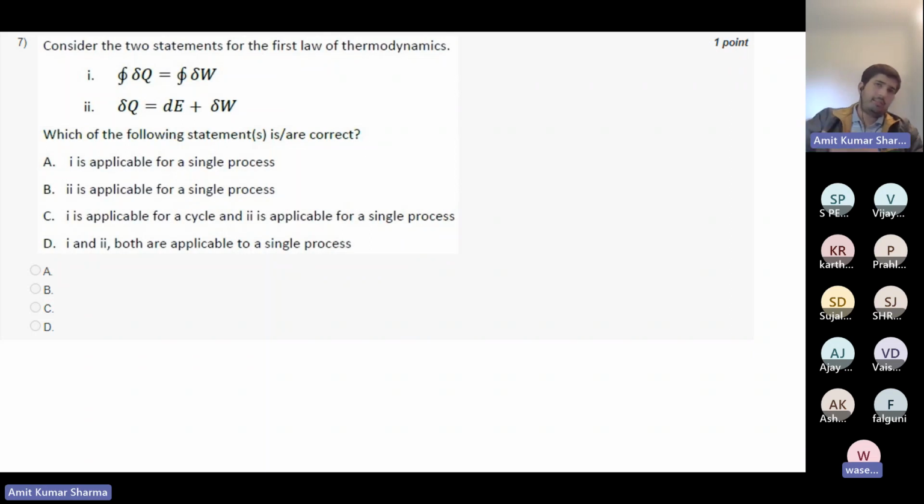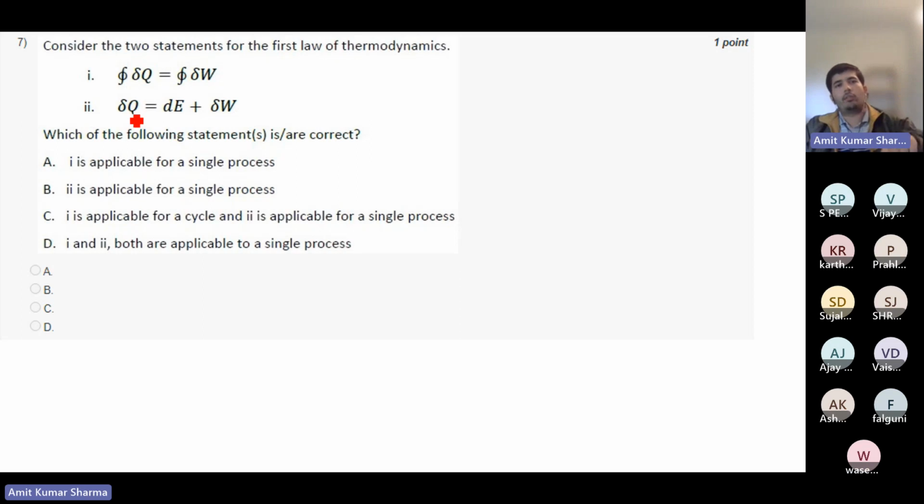Yeah, correct. And how do you know it's applicable to a cycle only? In a cycle, starting from one point and coming back to the same point, the change in internal energy is 0. U1 is equal to U2. Yeah, that is fine.